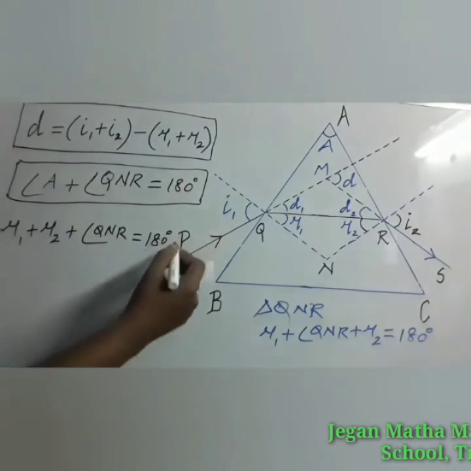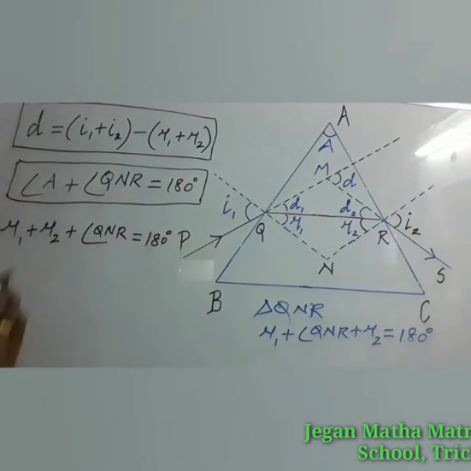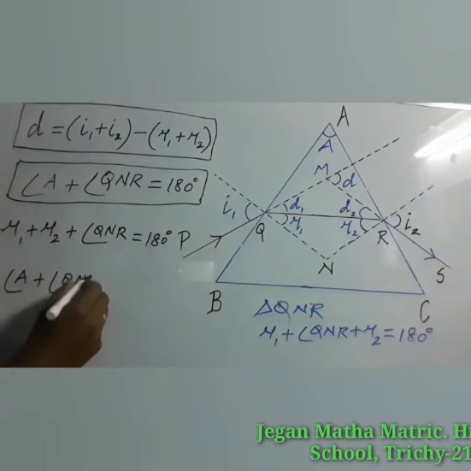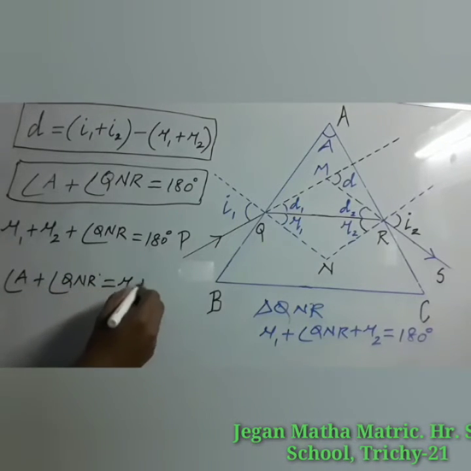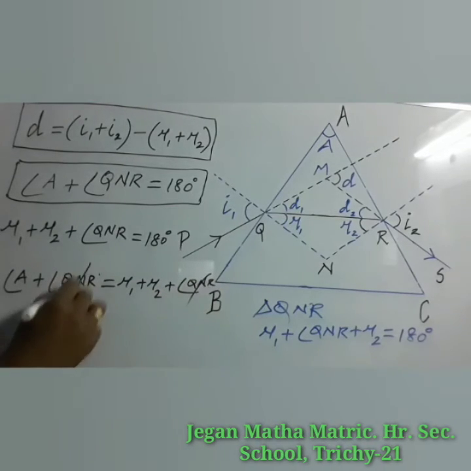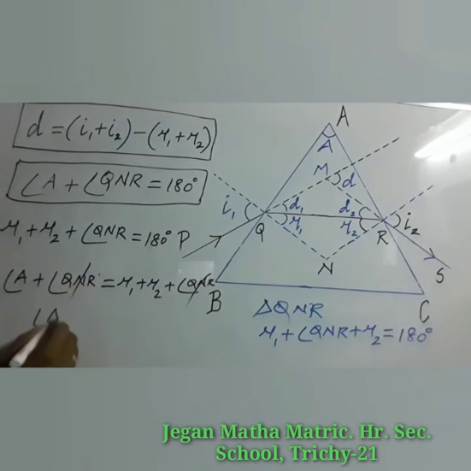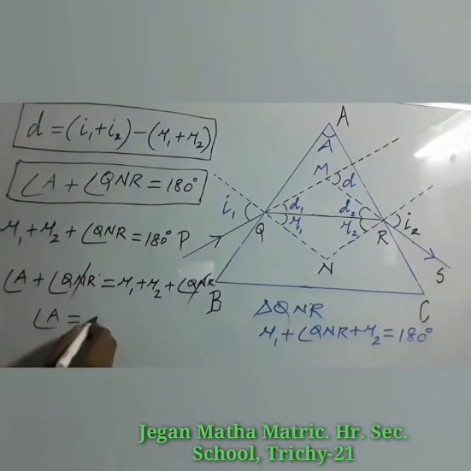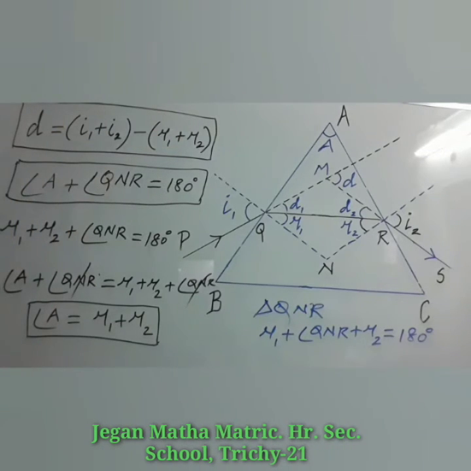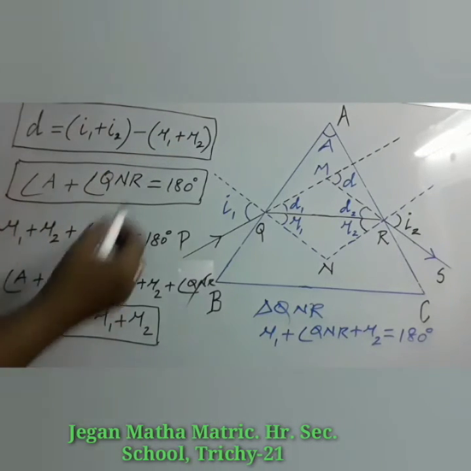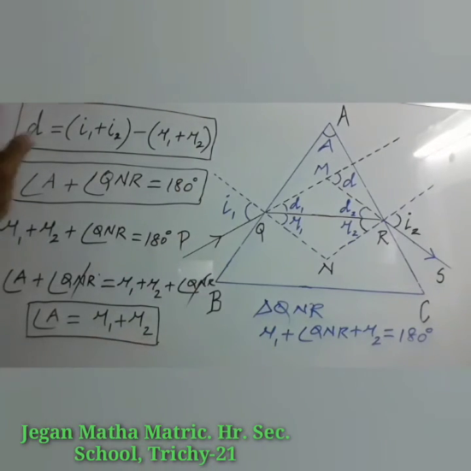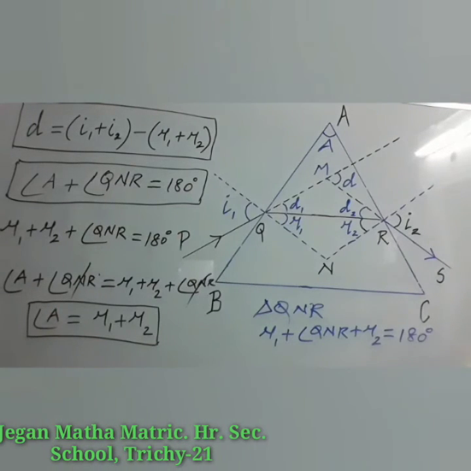The right hand side is the same, so the left hand side should be equal. So angle A plus angle QNR is equal to R1 plus R2 plus angle QNR. They both can be cancelled. So finally you can write the angle of prism A is equal to the sum of the two angles R1 and R2. Already we have derived the equation for the angle of deviation. There we have R1 plus R2. So instead of R1 plus R2, we can substitute the angle of prism A.